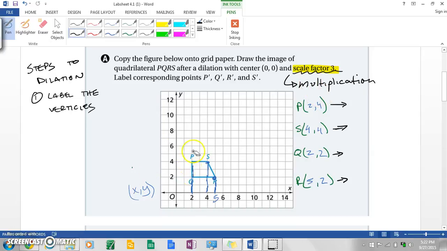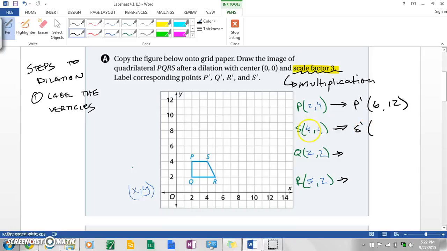So we should expect to see a shape 3 times bigger than this original one. So, knowing this, we have to take each one of these vertices and multiply it by 3. I'm going to start by multiplying 2 times 3. 2 times 3 for P' is going to be 6. 4 times 3 is 12. So P' is going to be at 6, 12.